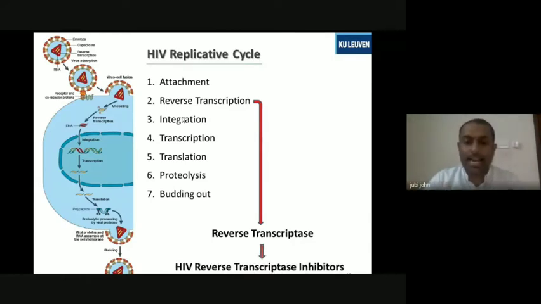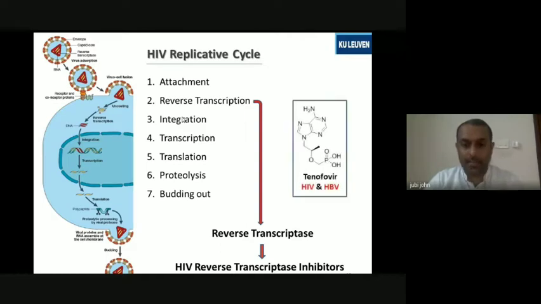There is one added advantage of targeting this enzyme, because both HIV and hepatitis B have reverse transcription in their life cycle. So any reverse transcriptase inhibitor can be used to treat both HIV and hepatitis B, such as the molecule tenofovir. It is a blockbuster drug used against both HIV and hepatitis B.